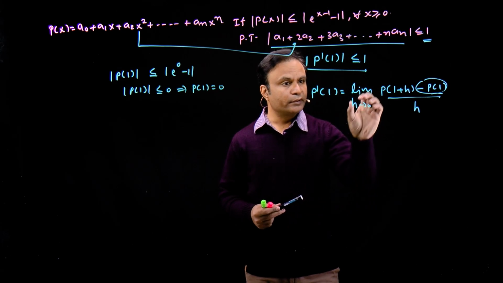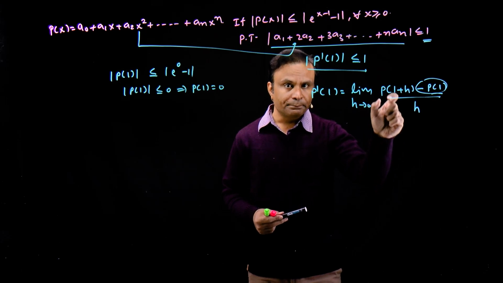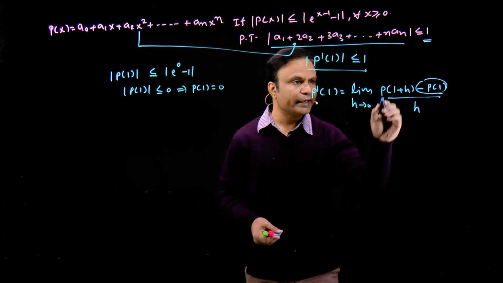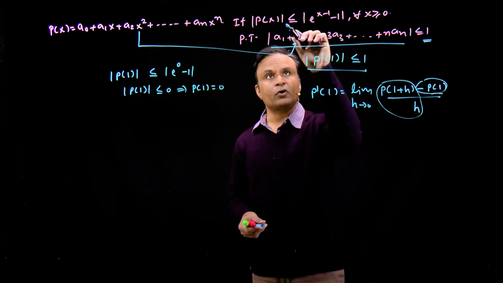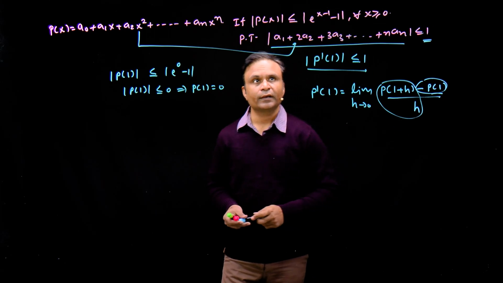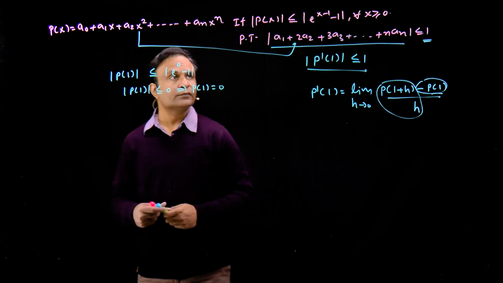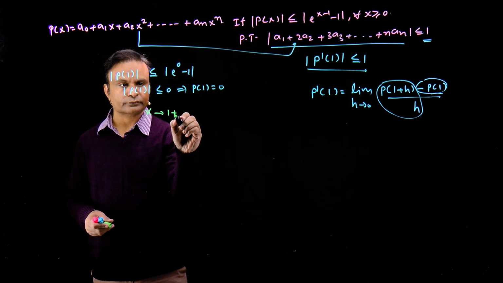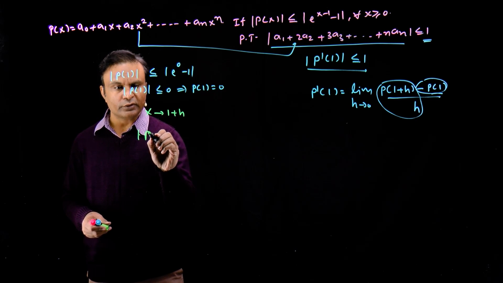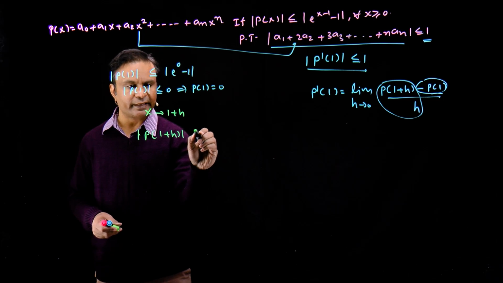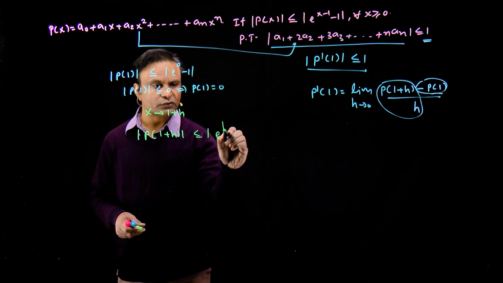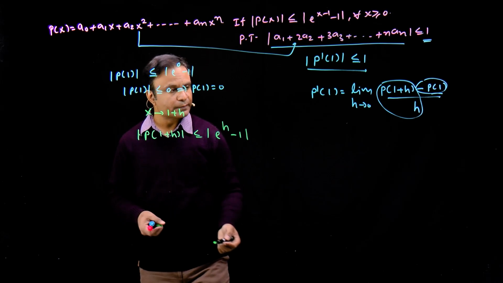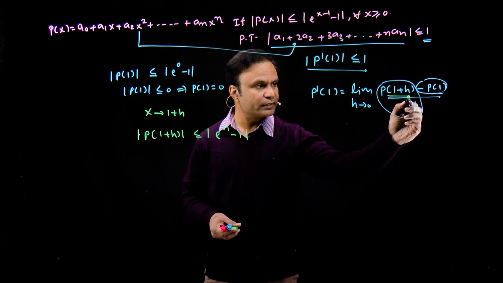Now I have limit h tends to 0 of p of 1 plus h upon h. Like in the previous question, we will try to create this ratio from this inequality. For that, it's simple. You first replace x by 1 plus h. So we get modulus of p of 1 plus h less than or equal to modulus of e power h minus 1. Next we have p of 1 plus h upon h.